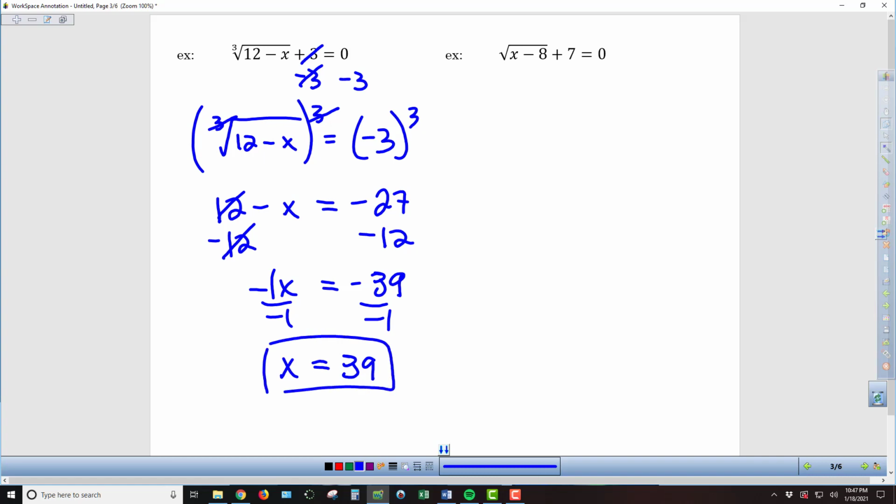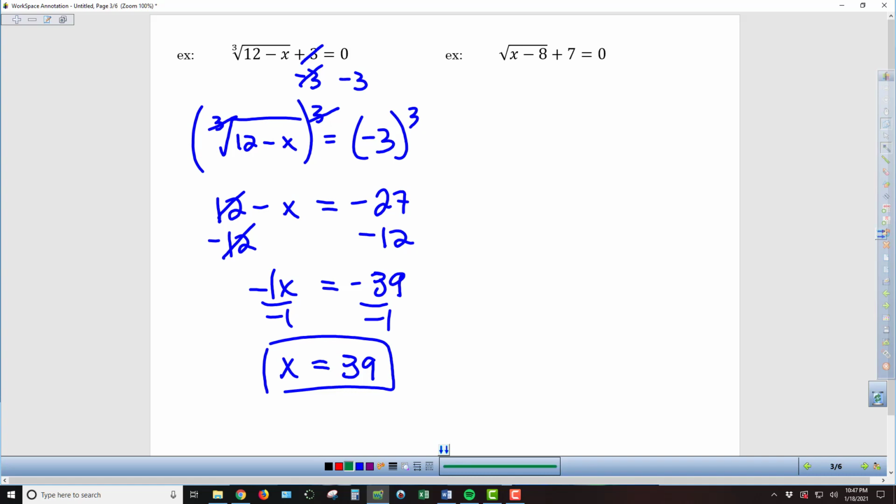And so we can go back and plug this in to verify that it works. But since we know that there's no risk of extraneous answers, if we're confident that we've taken all the correct steps to get to our solution, with the odd root problems, we can avoid having to check our answer if we're feeling a little lazy, like I am here.